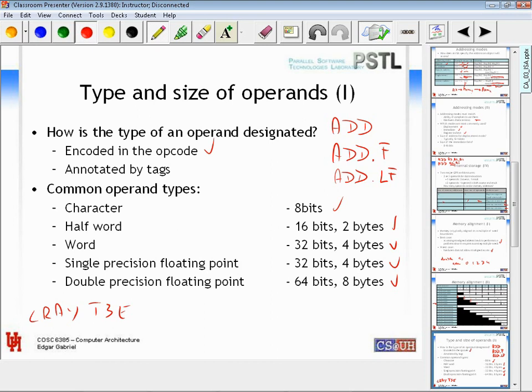Formerly, before we had 32-bit processors, you also had architectures, as an example, if I remember right, the 286 architecture from Intel, a 16-bit processor where the double precision floating point number was only 32 bits. So the instruction set architecture has to define the type and the length of data types that it supports.